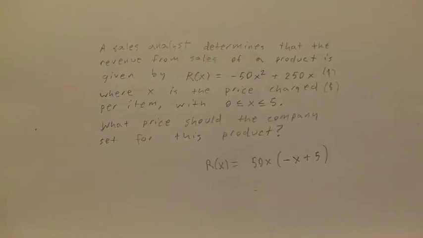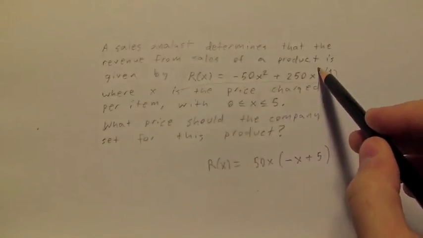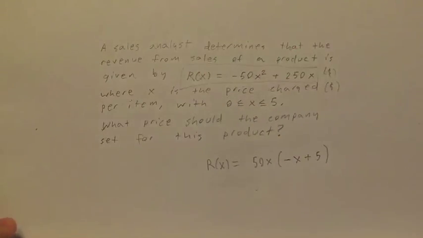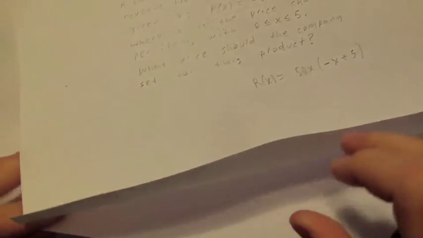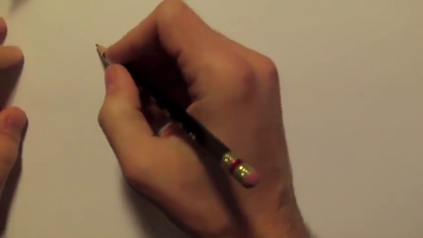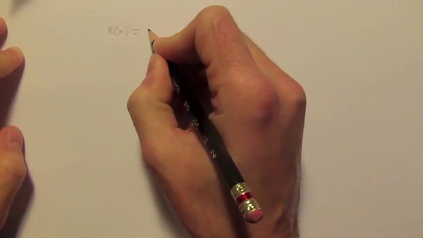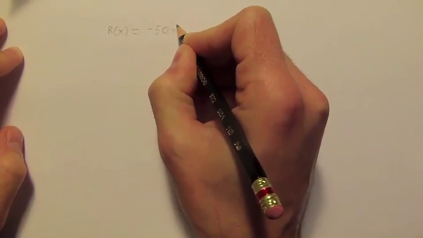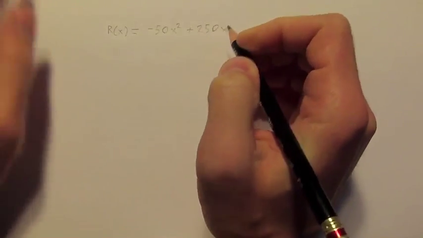Okay, so to go about doing this one's actually pretty simple since we've been given the formula. A lot of these problems we won't be given the formula. We'll actually have to determine it somehow. So to do this, we're going to start by taking the derivative. Right, so we're going to use calculus here. So the revenue function R of x is negative 50x squared plus 250x.